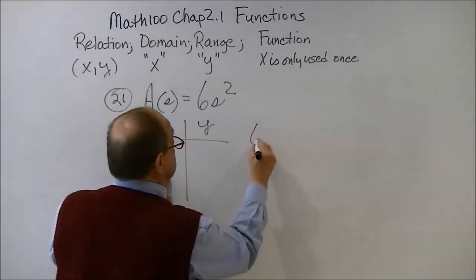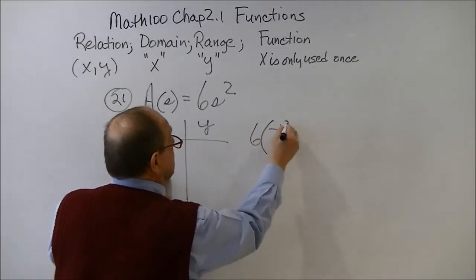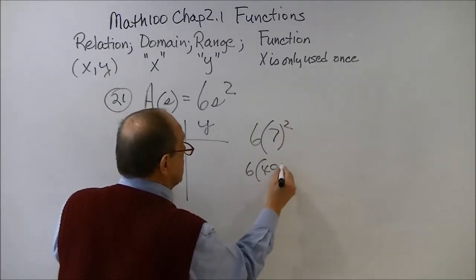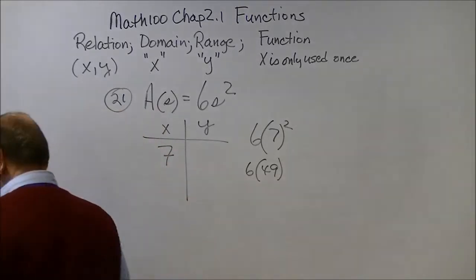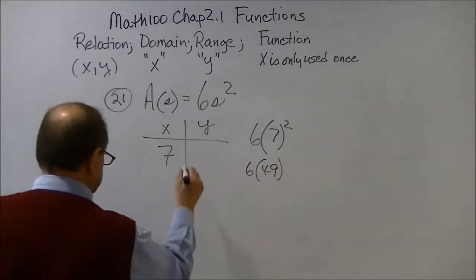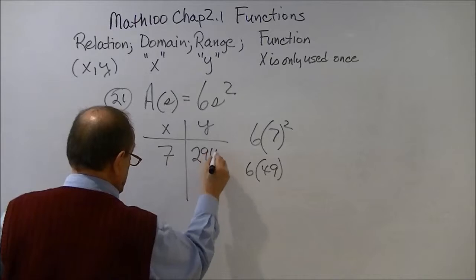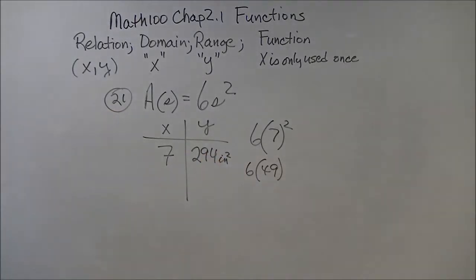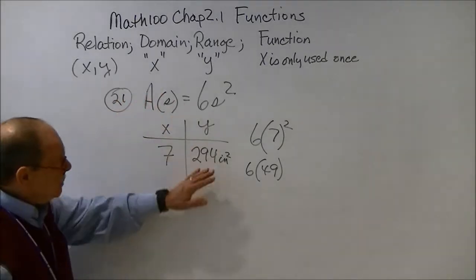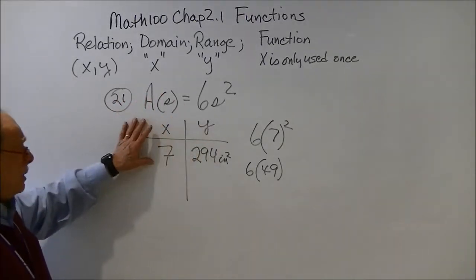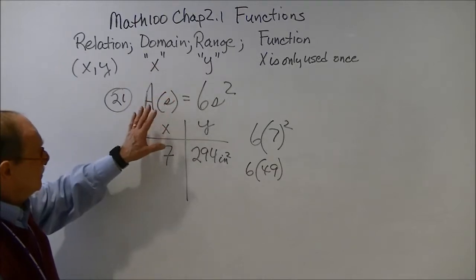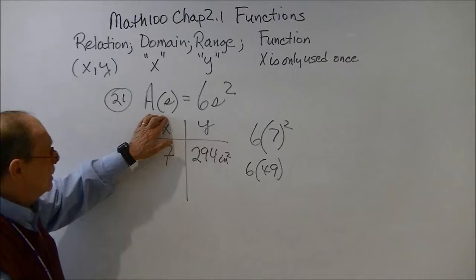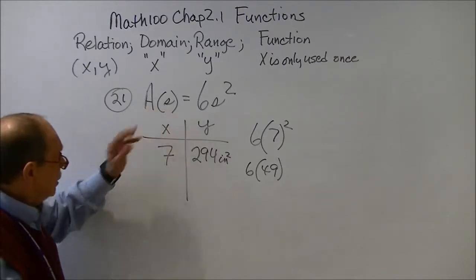Well, we're going to put 6 times 7 that we're going to square, and it's going to be 6 times 49, and I believe that is 294 inches squared. So they're letting you move on into some higher algebra things as we go into function and then doing some substitution, but you need to understand the function notation here.